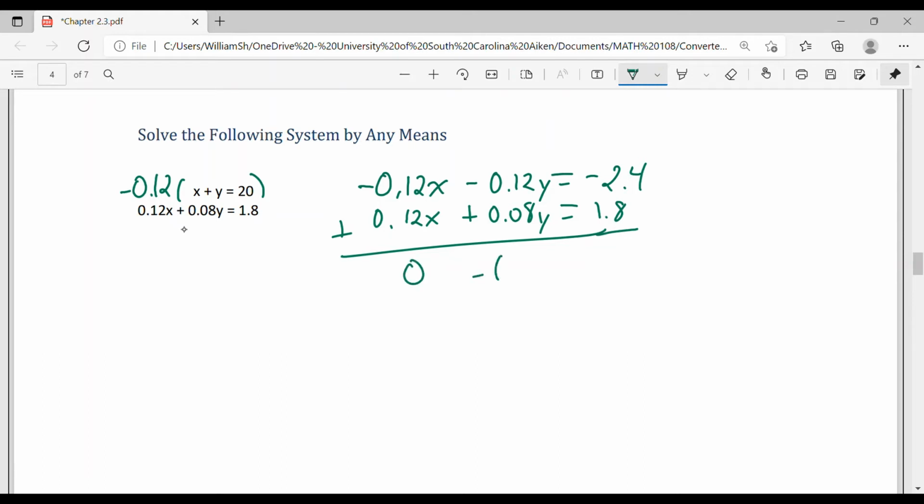That leaves me with a negative 0.04y. And let's see, negative 2.4 plus 1.8 should give me a negative 0.6.